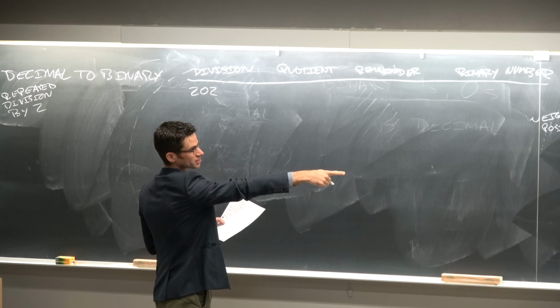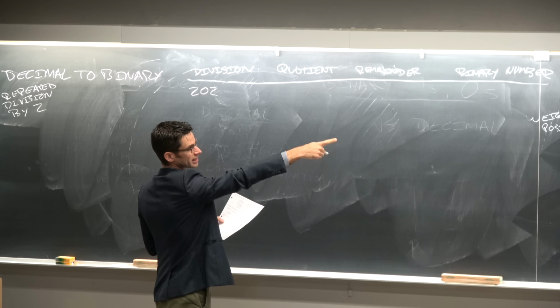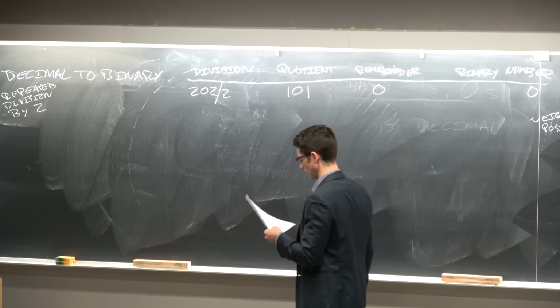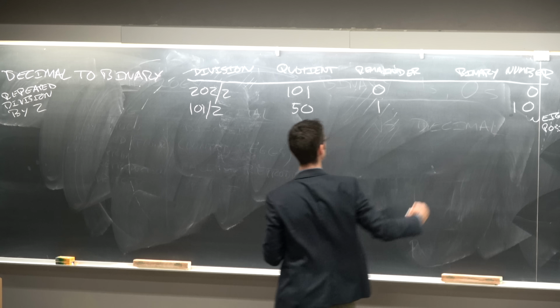We'll see if 202 can be converted to 11001010. So 202 divided by 2 gives you a quotient of 101, a remainder of 0. And you put the remainder on the right-hand side of the binary number. Then you have 101 divided by 2 gives you a quotient of 50, a remainder of 1, and the binary number of 10. Remainder goes here.